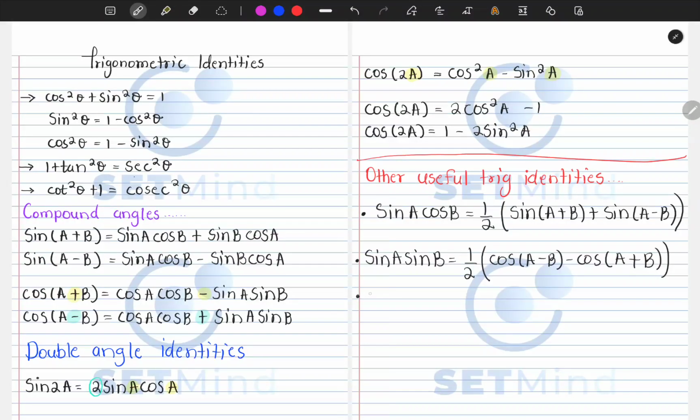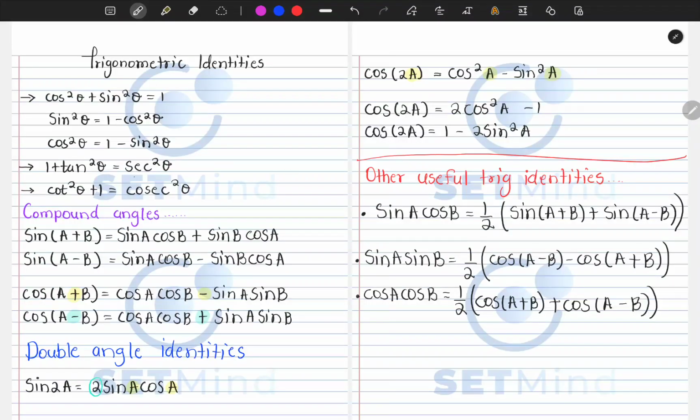Then let's see when we multiply a cos and a cos. So when we have cos of a multiplied by cos of b, you can use all the standard trig identities which we have above to derive these formulas. So this one will be half of cos of a plus b plus cos of a minus b.